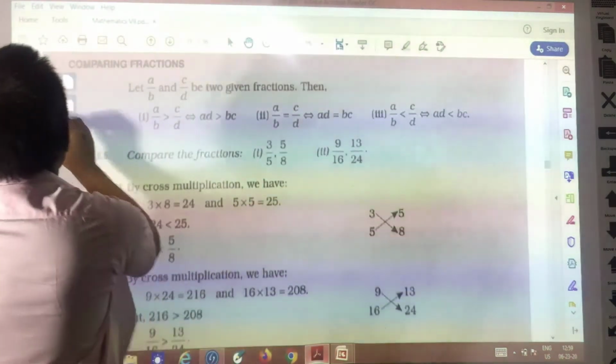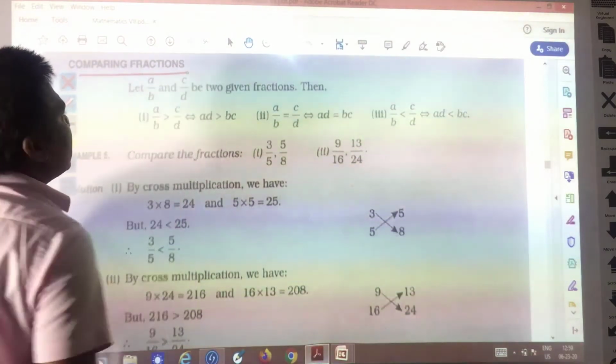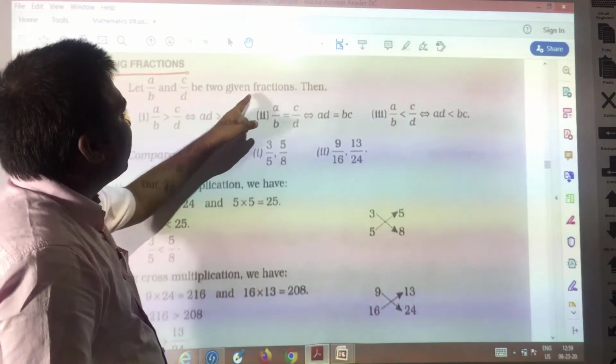Here you see we have comparing of fractions. Let A by B and C by D be two given fractions.